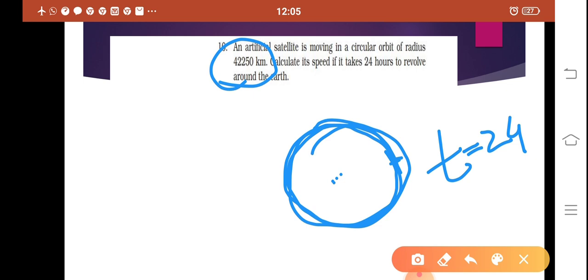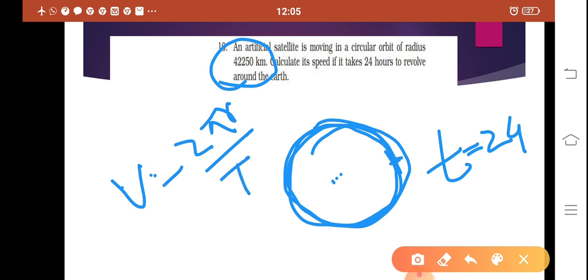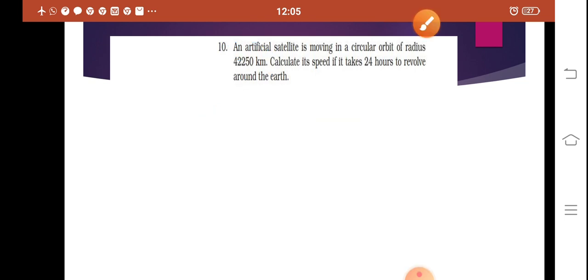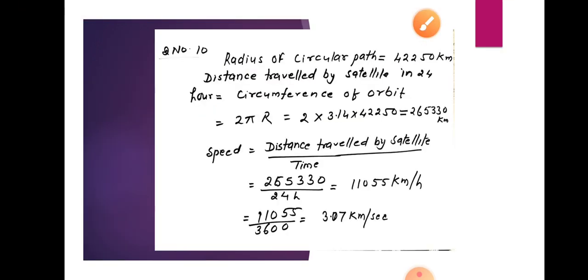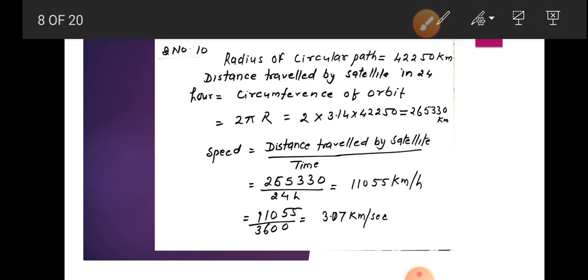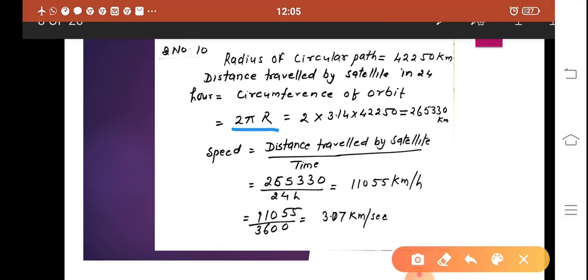Satellite is moving. So you can use v equal to 2 pi r upon t. t is given, radius is also given, 42,250. So put the value of radius here, pi 3.14, time 24 hours. The distance will be 2 pi r.